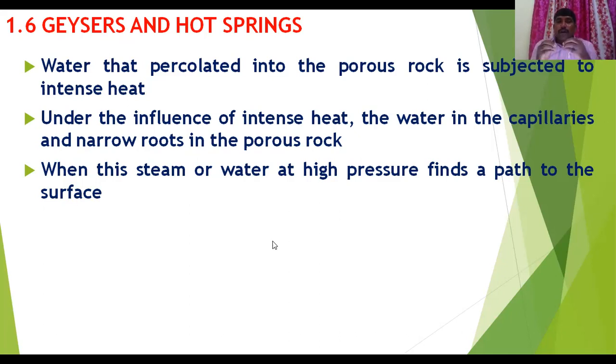When the steam or water at high pressure finds a path to the surface through a narrow vent and weak zones at the surface, they are called geysers and hot water springs.